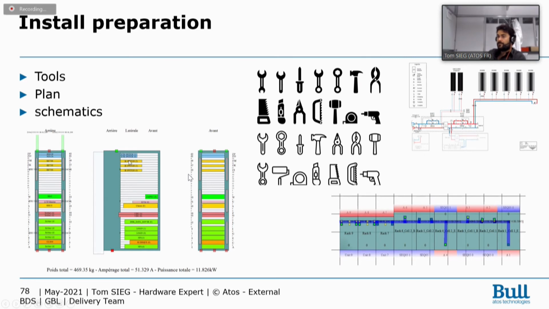We can see we have switches at the top, Ethernet and IB switches. So we will also have fiber and Ethernet copper signal through the top. So in this case, we prepare all the racks to be sure all the connections will go through the top.